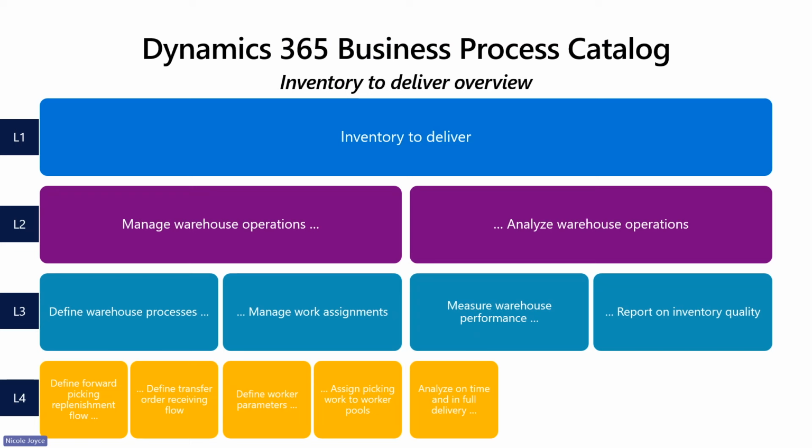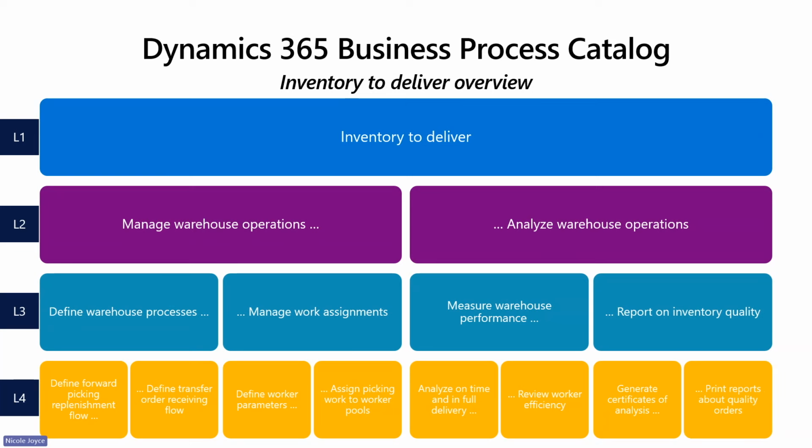So then again, at that level 4 area, this is the specific scenario or pattern. When we're talking about the process of measuring warehouse performance, we might be analyzing on-time and in-full delivery or reviewing worker efficiency. And then similarly, under report on inventory quality, we might be doing scenarios such as generating certificates of analysis, or printing reports about our quality orders.